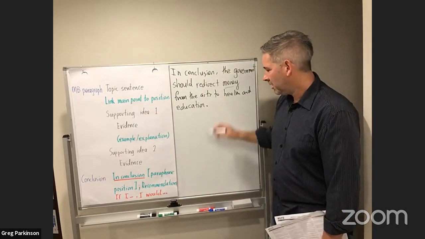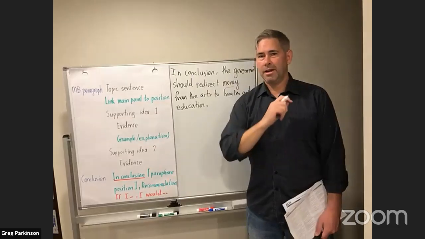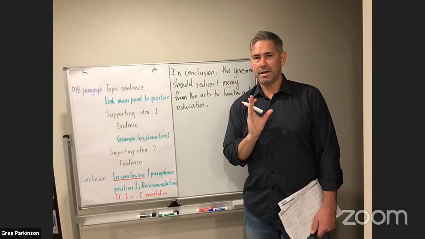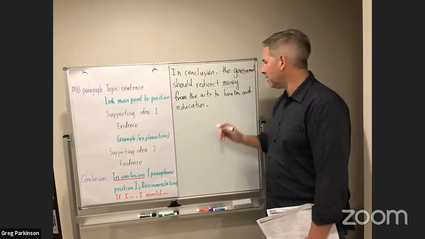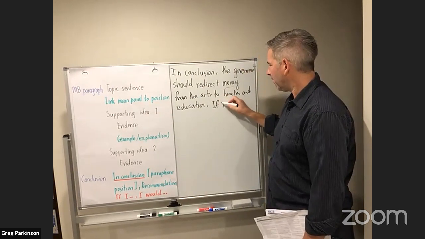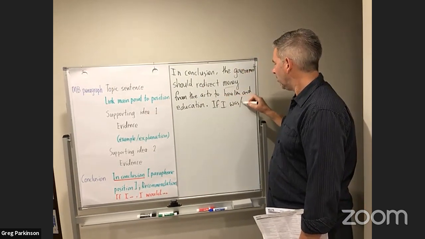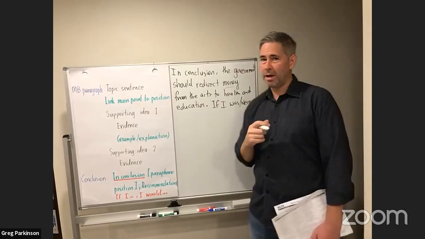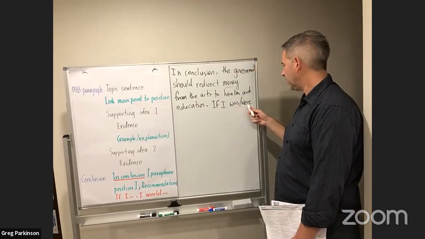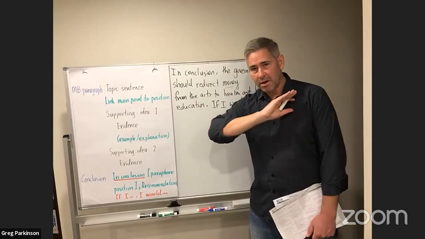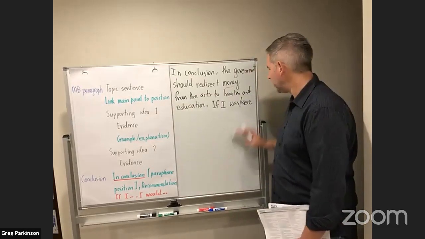And then your recommendation, I like to do it this way. It's a nice complex sentence using an if clause. If I was, or were, because I remember we had a very keen viewer who asked me about the difference between was or were. Both of them are fine. I just like to use was.